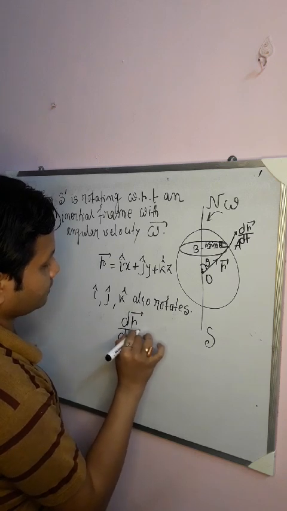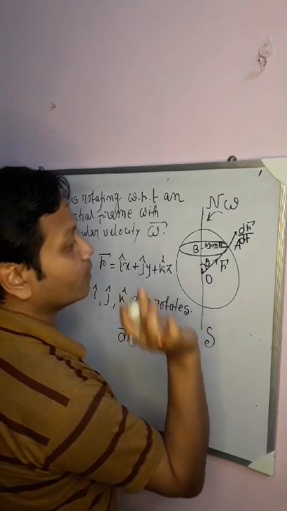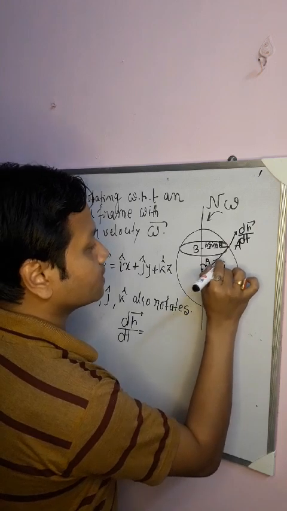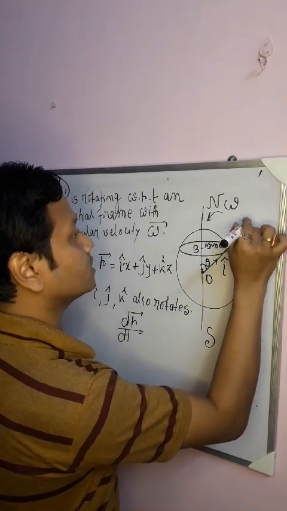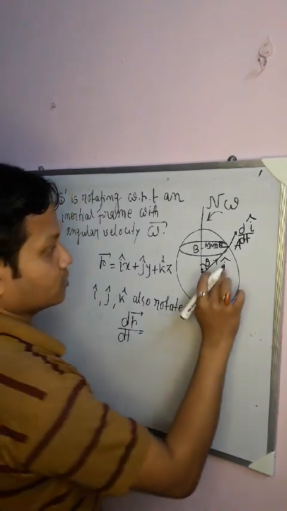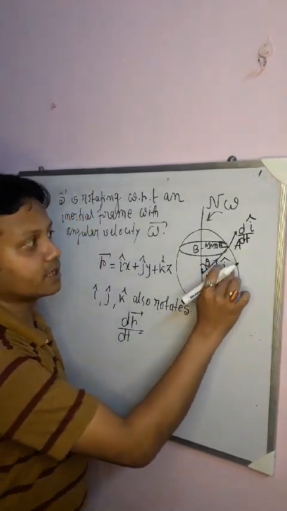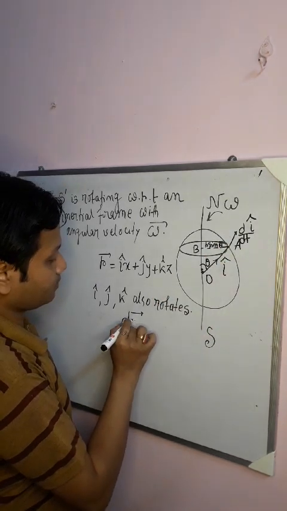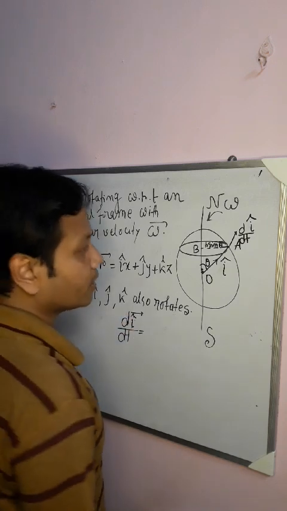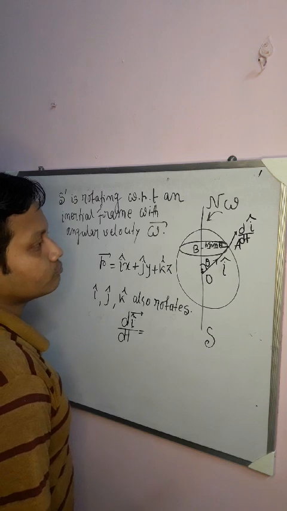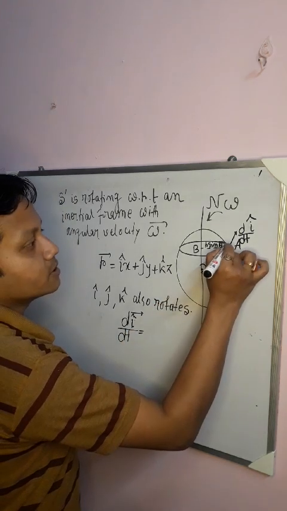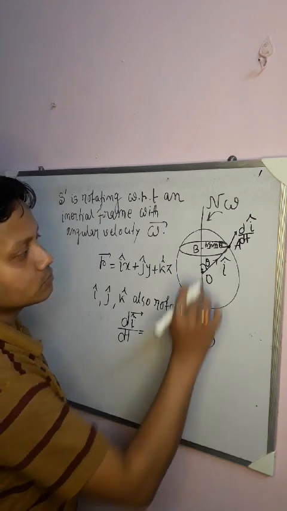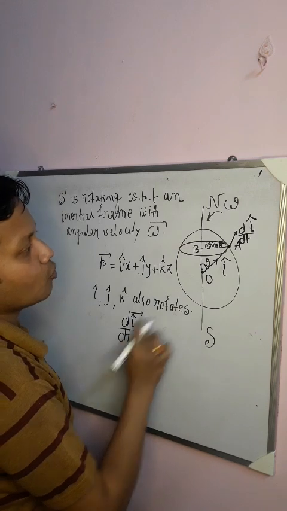So we can simply write dr/dt equals omega r. Oh sorry, if i cap is the unit vector, because there we have to consider the rotation of the unit vector. So if i cap is the unit position vector of the particle A relative to O, then what would be the velocity at that point? That is simply di cap/dt. Here we consider the rotation of unit vectors. So di cap/dt will be the velocity at this point. Now this is the velocity and this is omega r.